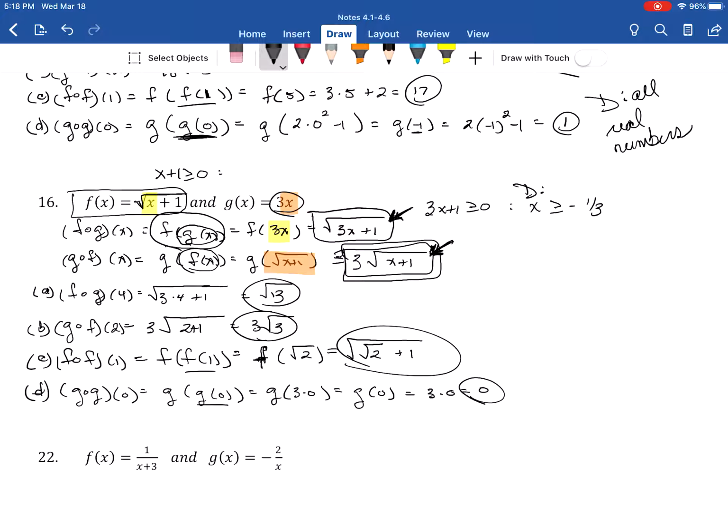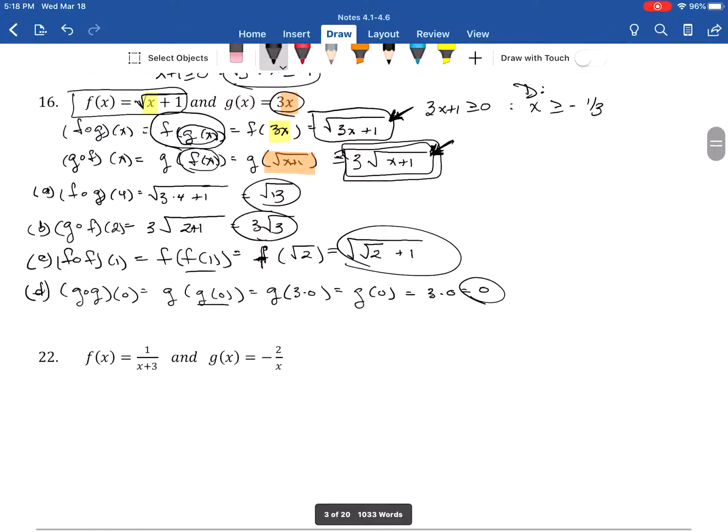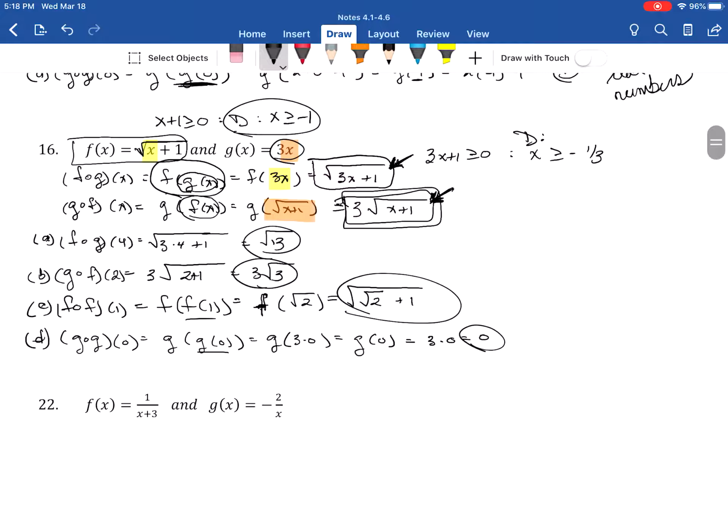So take that a couple steps further, you find out that the domain is where x is at least negative 1, right? Get the x by itself. So I have to consider this to be part of my domain, as well as any additional restrictions I have in my answer right here. Now that also involves the square root of x plus 1. I have the same restriction as I had just a minute ago. So my domain overall is to say that x has to be greater than or equal to negative 1.